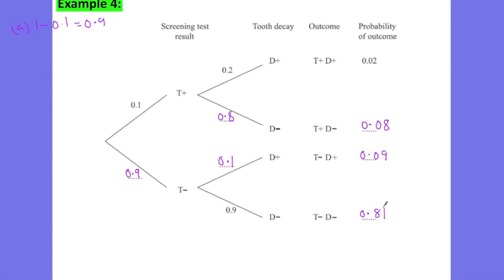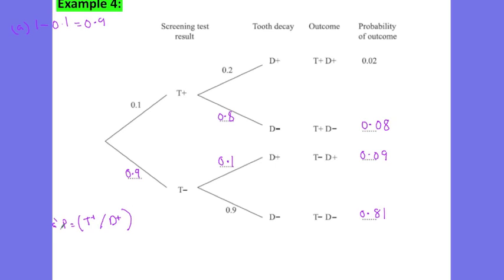We're then asked, given that a person has tooth decay, so we're asking the probability, given tooth decay, what is the probability that the person gave a positive result in the screening test within the last 3 months?